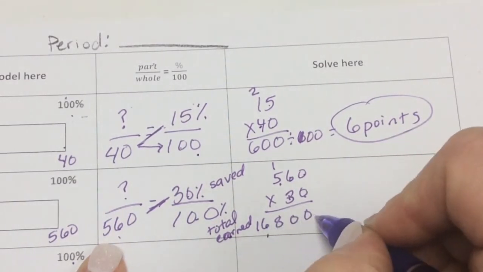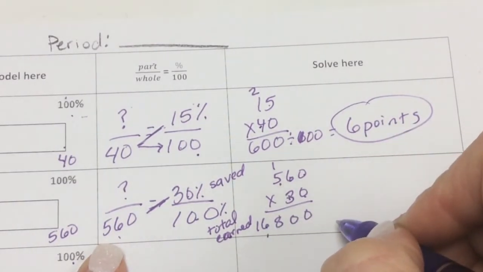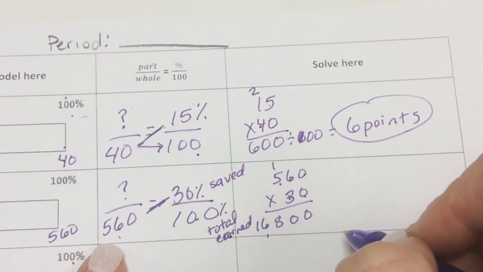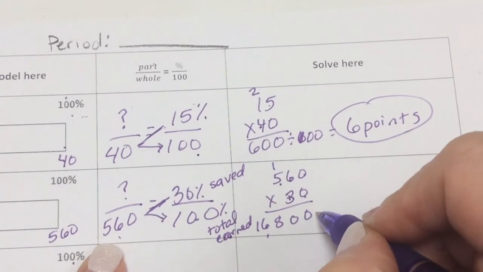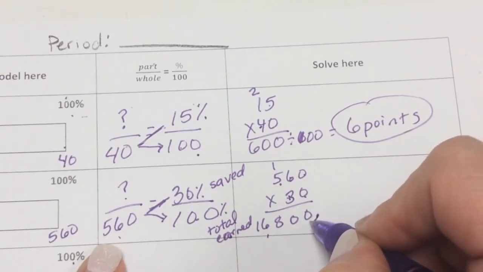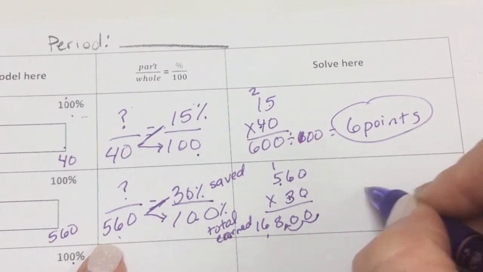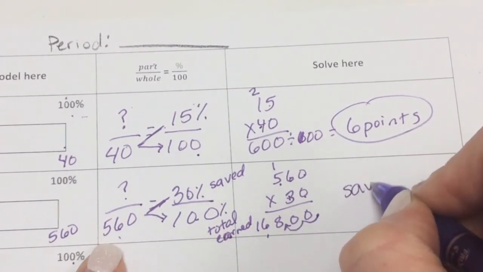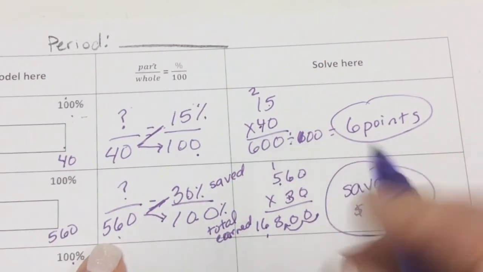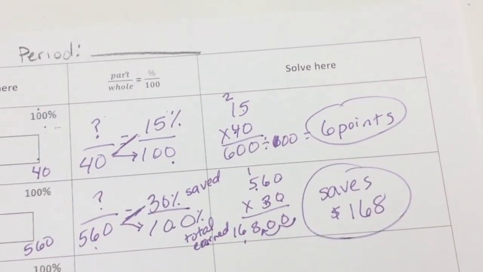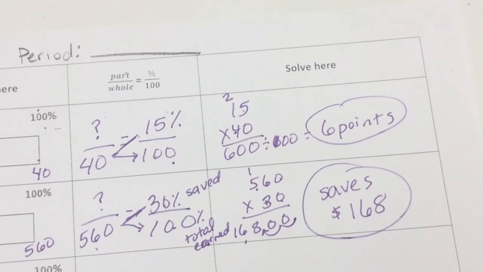So that's 16,800. I'm not done. He did not save $16,800. I have to divide by that 100. So remember, when I divide by 100, I really can just take that decimal and move it 2 places to the left. So he saves $168. Okay?